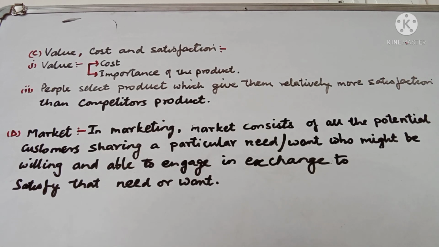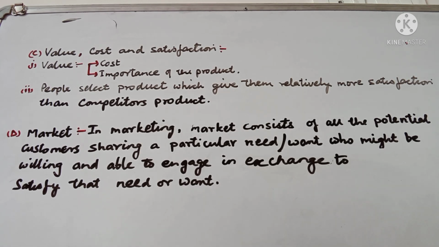Another important aspect is market. A market consists of all the potential customers sharing a particular need. So all those people who have a similar problem and are looking out for a solution to the problem become the market for the particular product, who might be willing and able to engage in exchange.